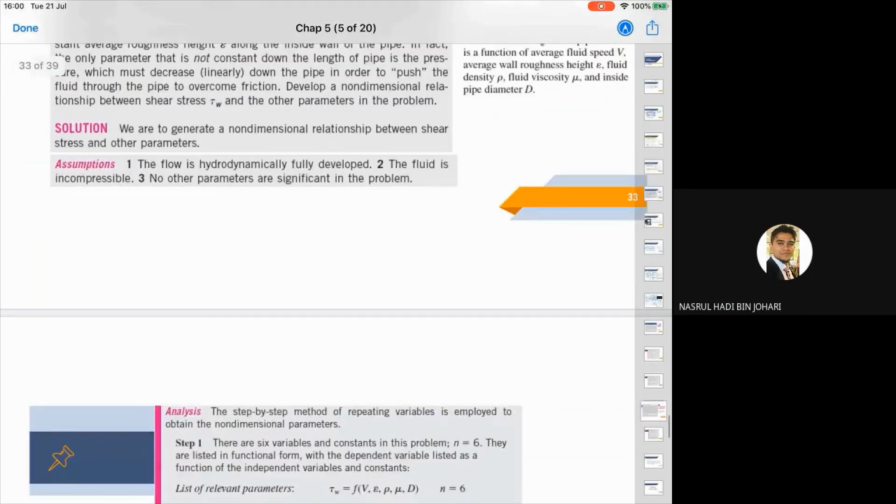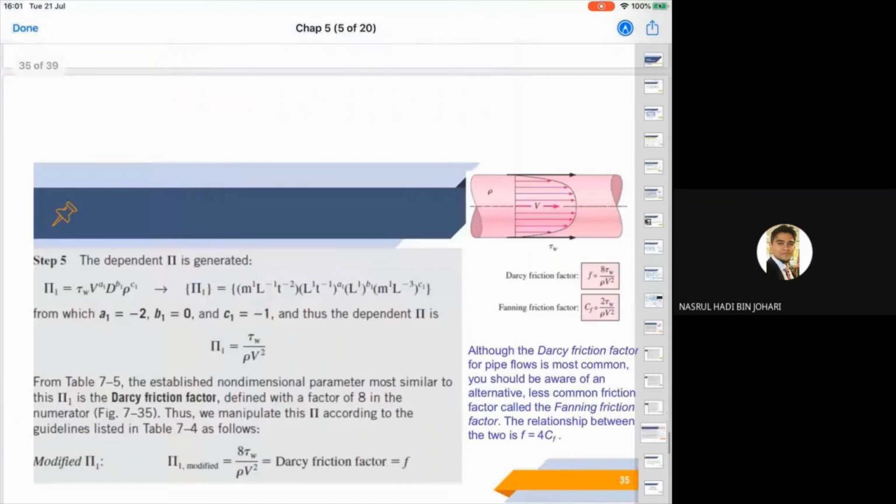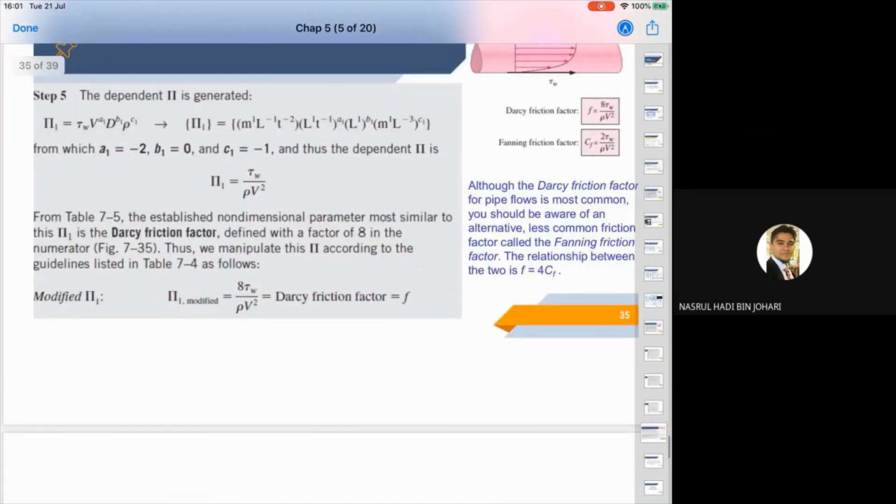There is no difference at all except the step number 3 on the reduction, and also step number 5, which is whether you have to do the modification or not. See, they're still doing the modification so that they get the Darcy friction factor.